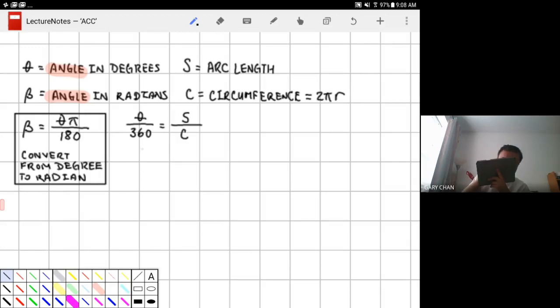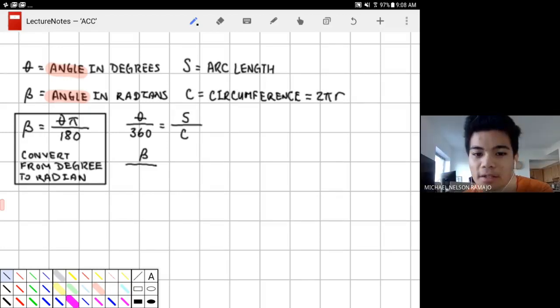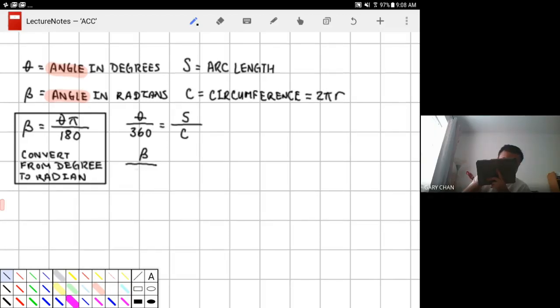Another thing that we can use, and we sort of used this yesterday, is beta over, so instead of using 360, a full circle going around the circle once, one revolution, in degrees is 360, but what is it in radians? 2 pi radians. It's just 2 pi, that's right. So alternatively, we can actually use this, S over C again.